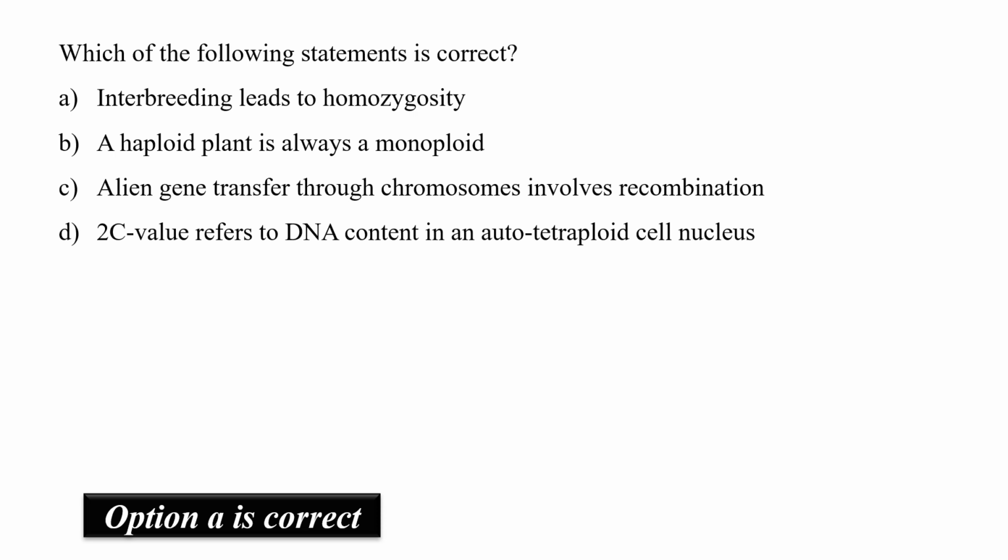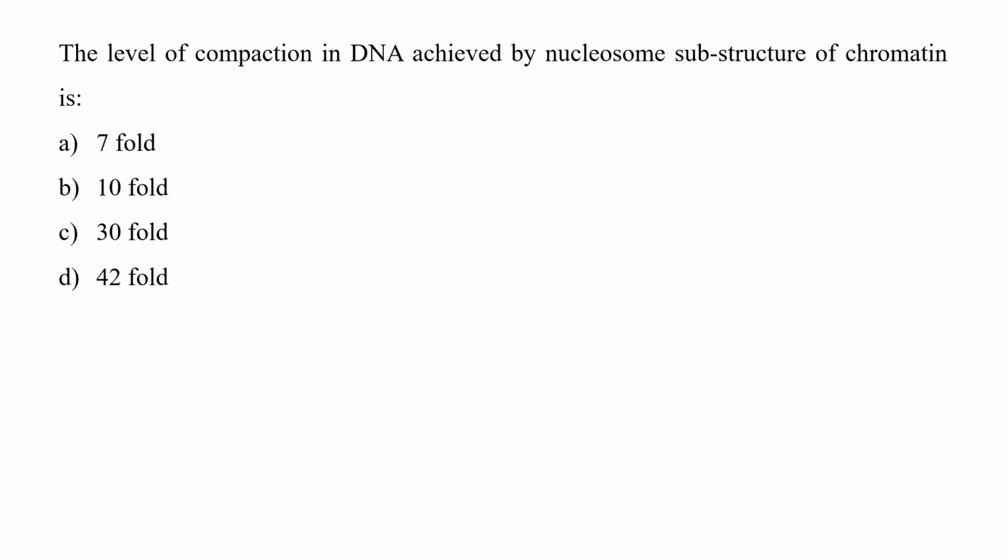Interbreeding leads to homozygosity. Now the question is, the level of compaction in DNA achieved by nucleosome substructure of chromatin is: A, 7-fold, B, 10-fold, C, 30-fold, and D, 42-fold. So when we study DNA packaging, we come to know the packaging of DNA into nucleosome shortens the fiber length about 7-fold.